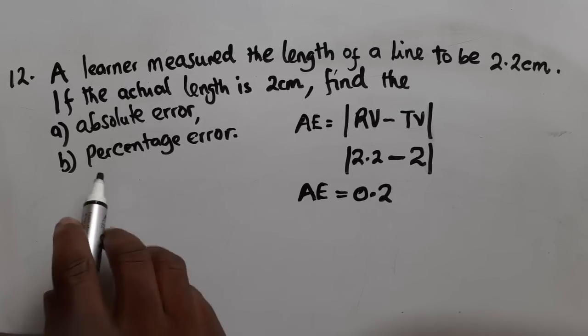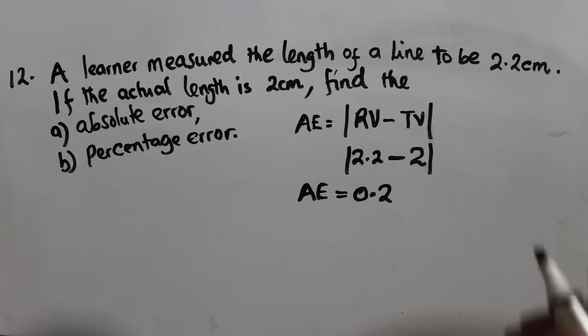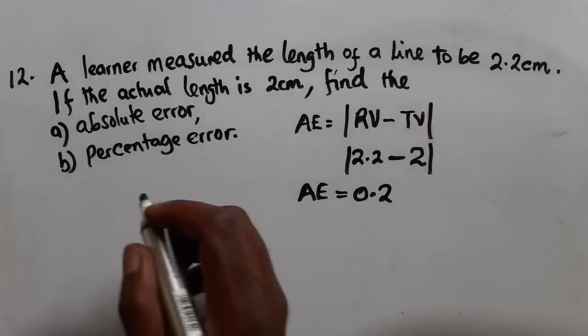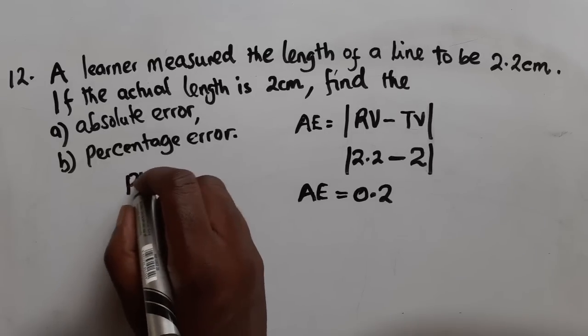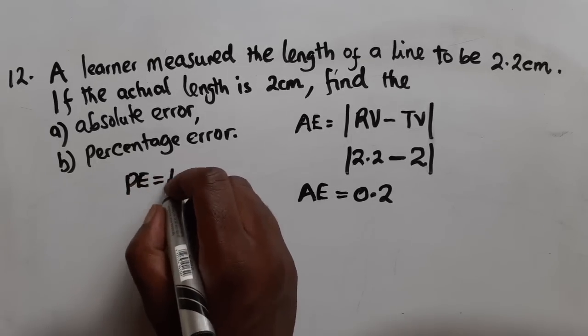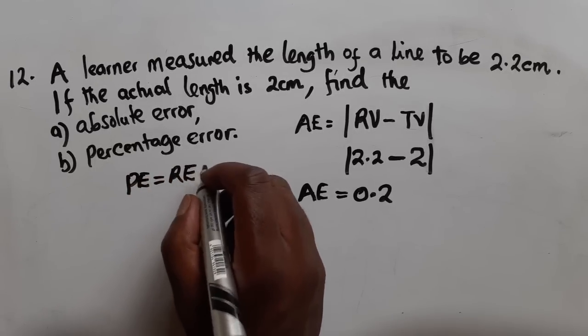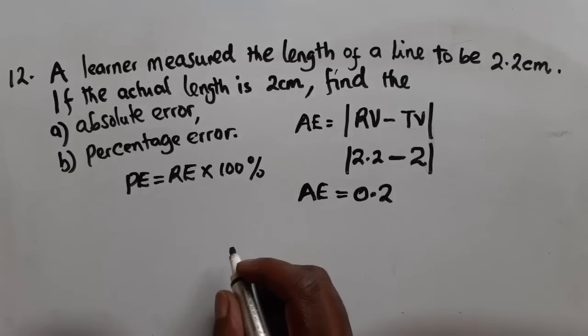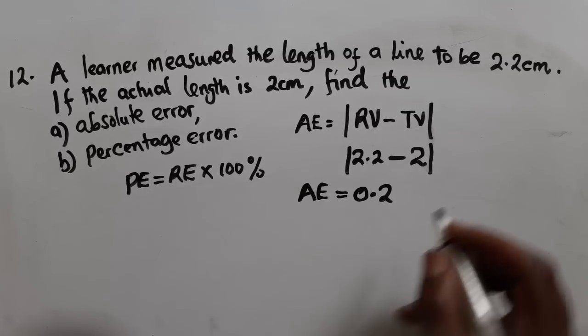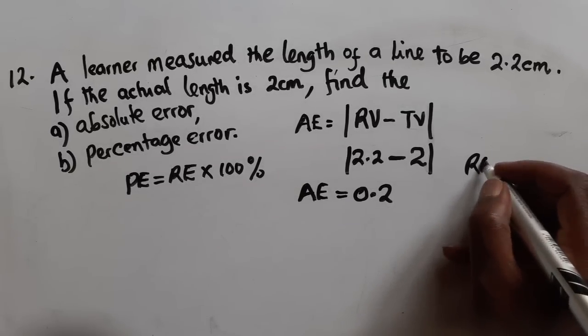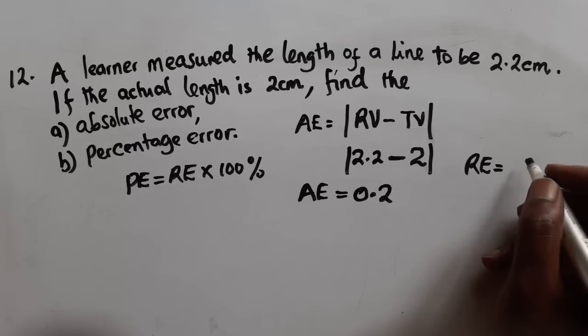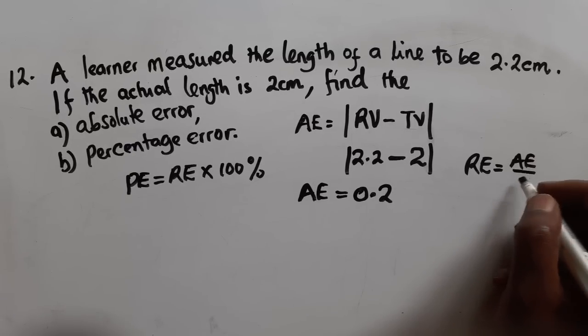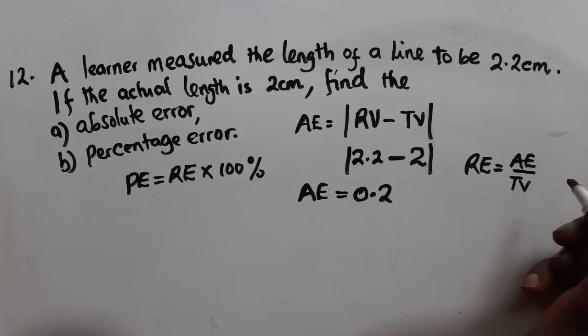Then, percentage error. So, percentage error is equal to relative error multiplied by 100%. Okay? Now, relative error is equal to absolute error over true value.